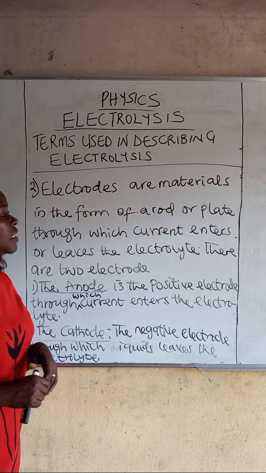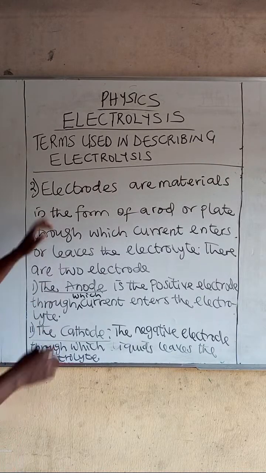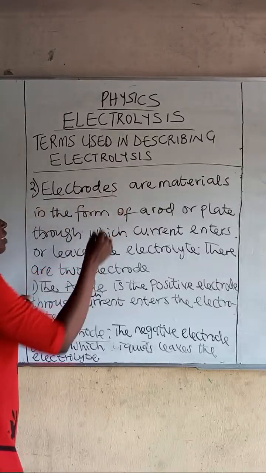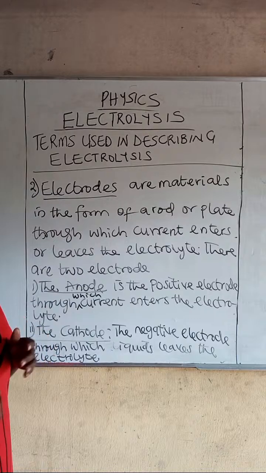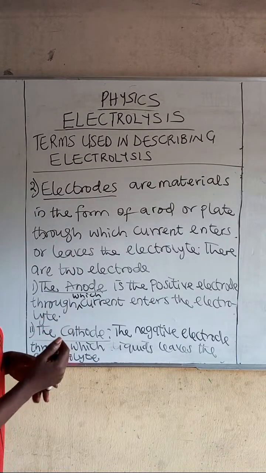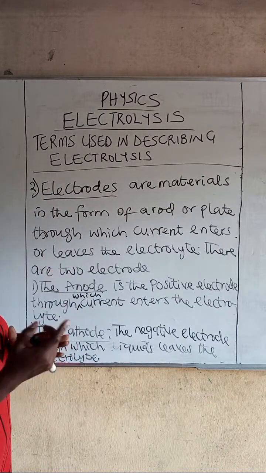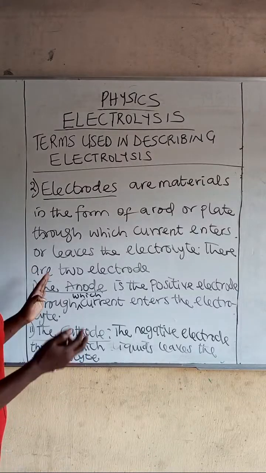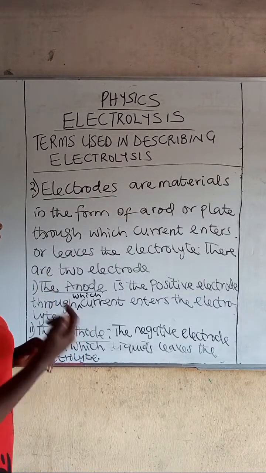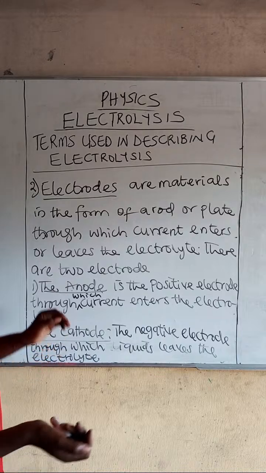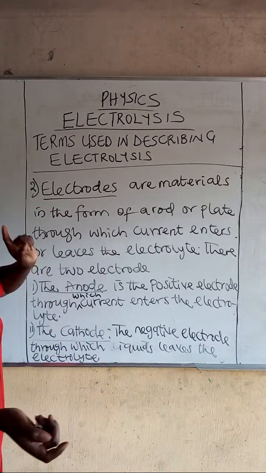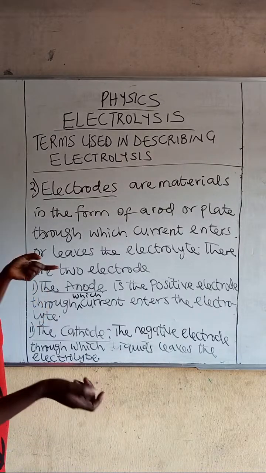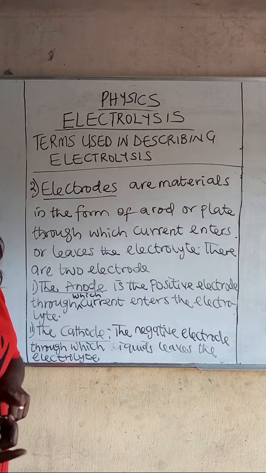Okay, so let me explain. Number two, the first one we did was electrolyte, and I've explained that. Number two is electrode. Electrodes are materials in the form of a rod or plate through which current enters or leaves the electrolyte.